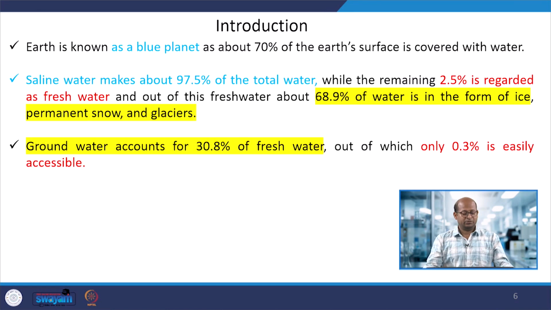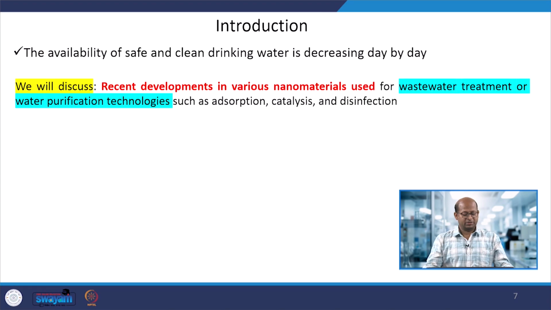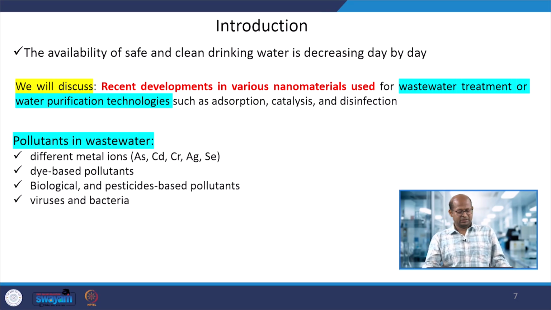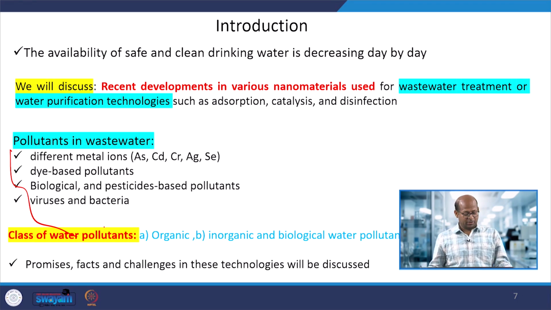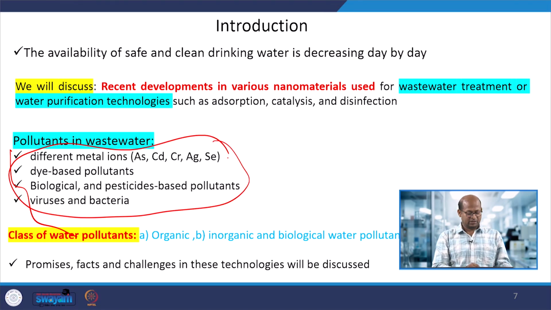Therefore we need good water for our use. The demand for clean drinking water is gradually increasing. These are the different pollutants present in water that we have to separate out, and we can classify these pollutants as organic, inorganic or biological water pollutants.